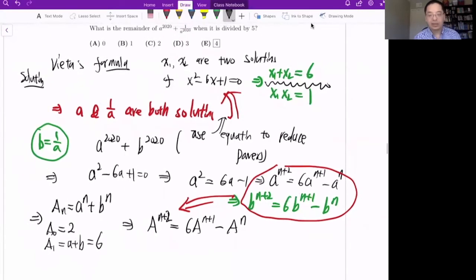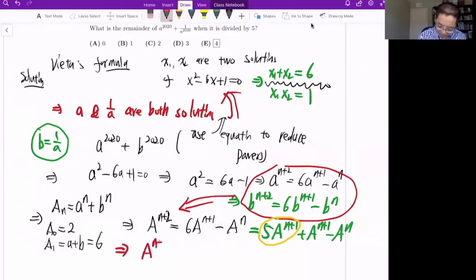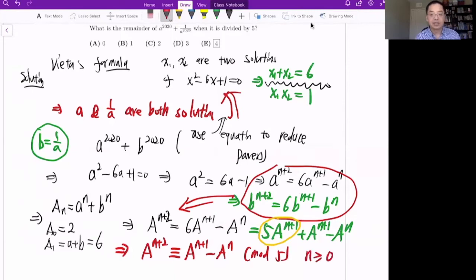Now, because we are just looking for the remainder when divided by 5, this can be written as 5 times A_(n+1) plus A_(n+1) minus A_n. The first part is divisible by 5, so when considering remainders divided by 5 it can be ignored. This means A_(n+2) has the same remainder as A_(n+1) minus A_n, modulo 5, where n can start from 0.